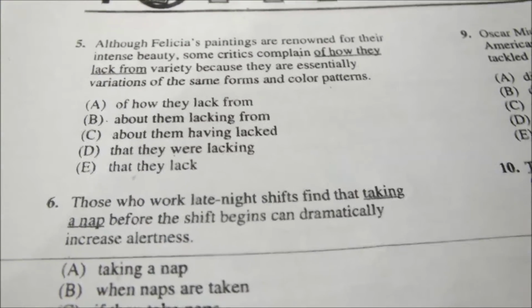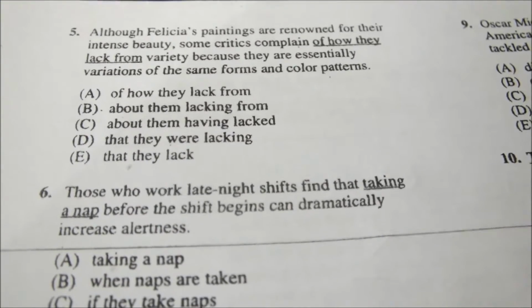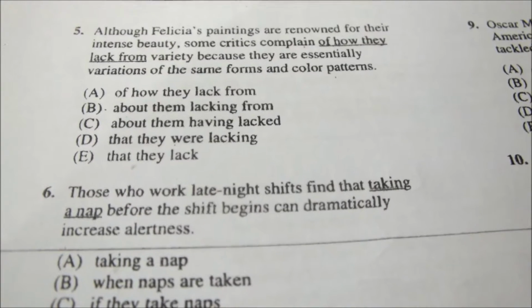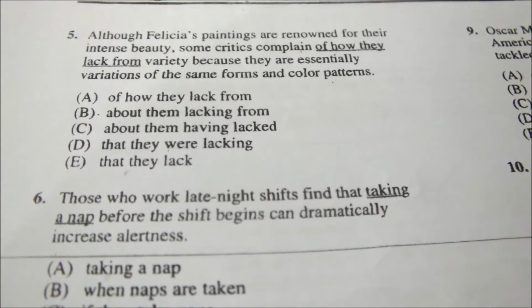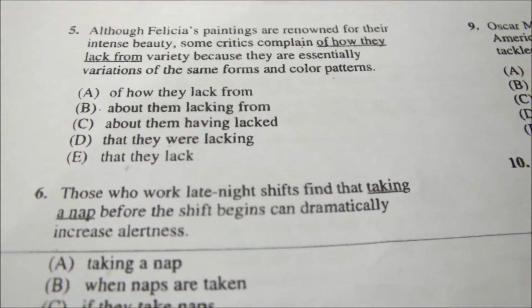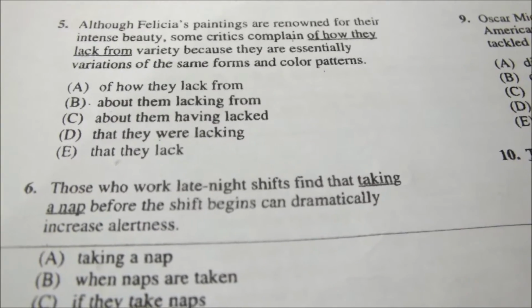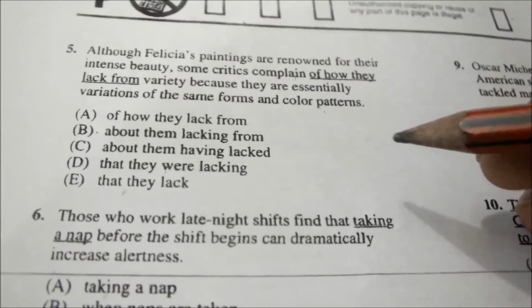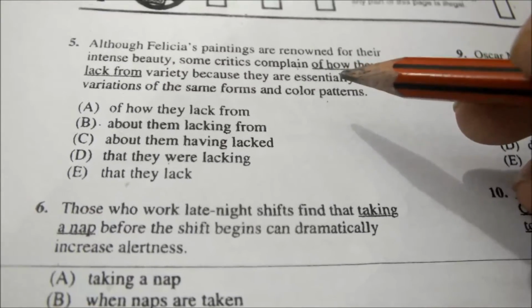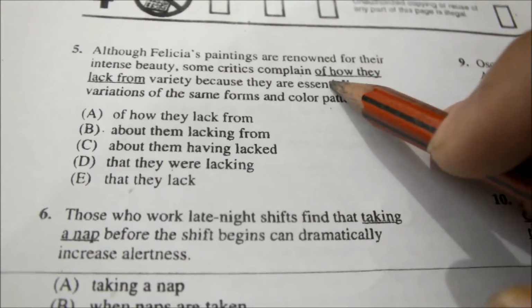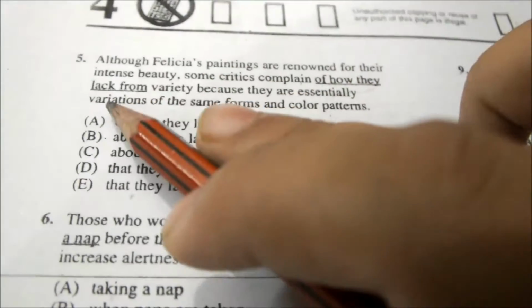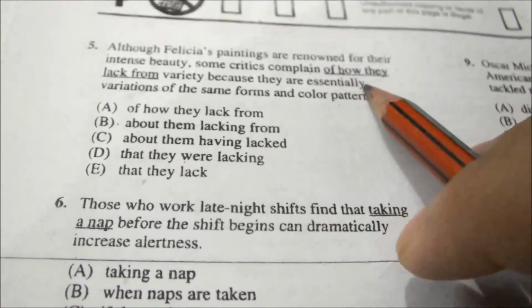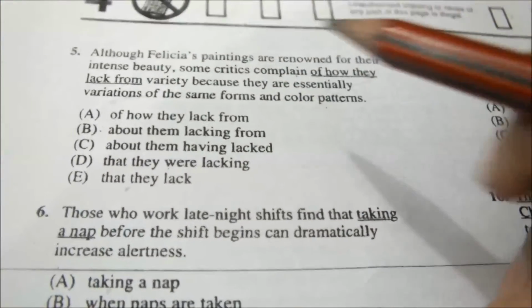Okay, "Although Felicia's paintings are renowned for their intense beauty, some critics complain of how they lack from variety, because they are essentially variations of the same forms and color patterns." See, the problem here is that this phrase is too long and it doesn't go with the sentence well.